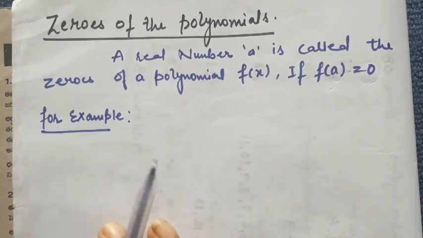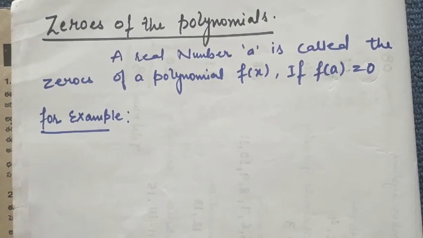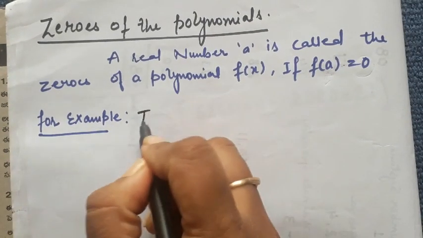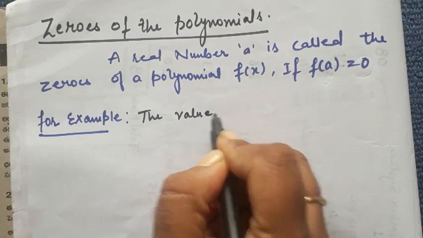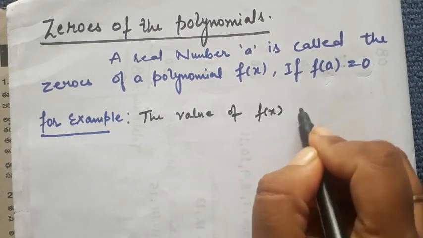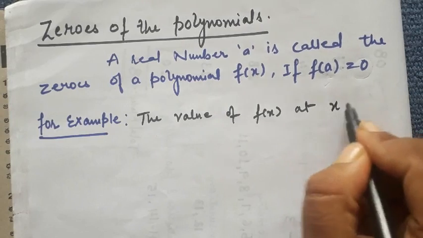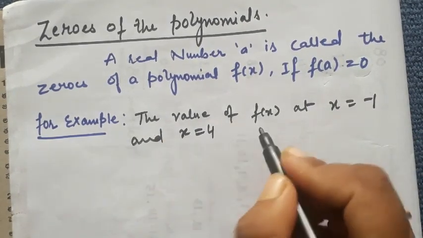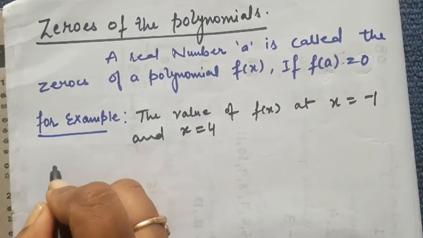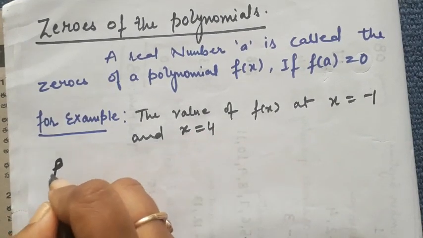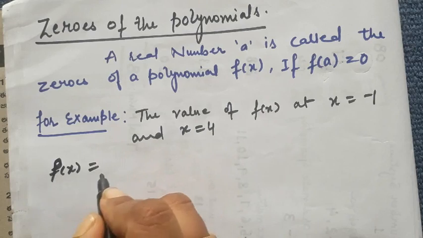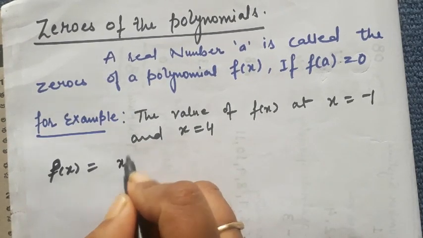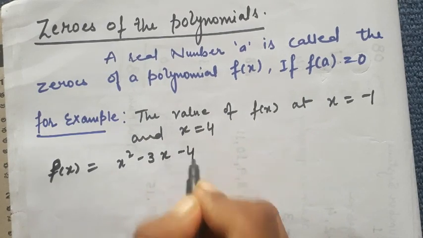I am taking one example to make it clearer. Find the value of f(x) at x equals minus 1 and x equals 4. Let me take the polynomial f(x) equal to x square minus 3x minus 4.